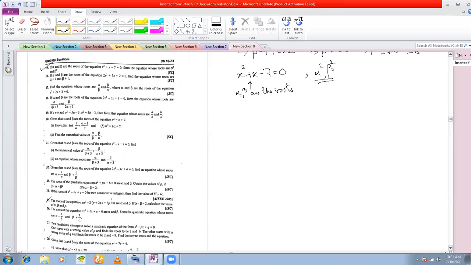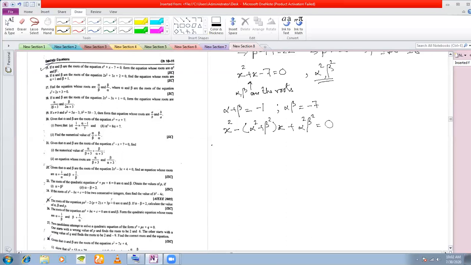When you know that alpha and beta are the roots of the equation, you can write the sum of the roots as minus 1 and the product of the roots as minus 7. Now what is the equation whose roots are alpha square and beta square? The equation is x square minus (sum of the roots, alpha square plus beta square) x plus the product of the roots.